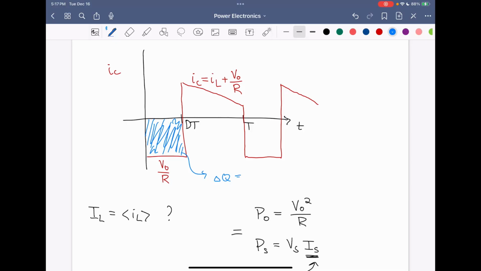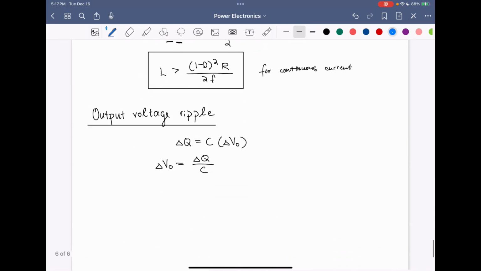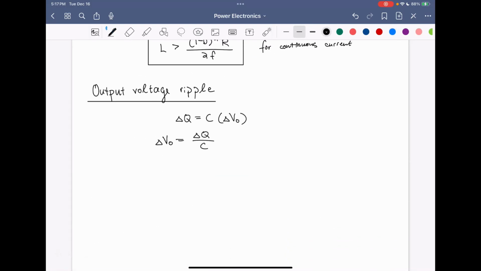So this is just the area of a rectangle, which is V out over R times DT. So we can plug in this expression for the change in charge stored in the capacitor, and this equals V out DT over R, and then we also divide by the capacitance C.